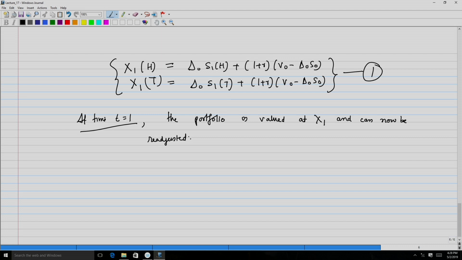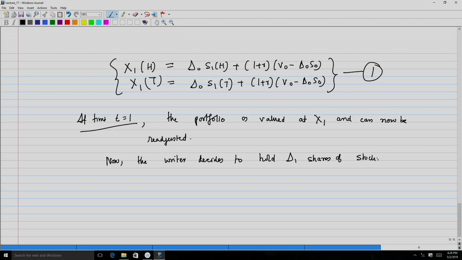This means that I can actually reshuffle the number of units of the stock and what proportion of money I put in the risk free account. So, now the writer decides to hold delta 1 shares of stock.